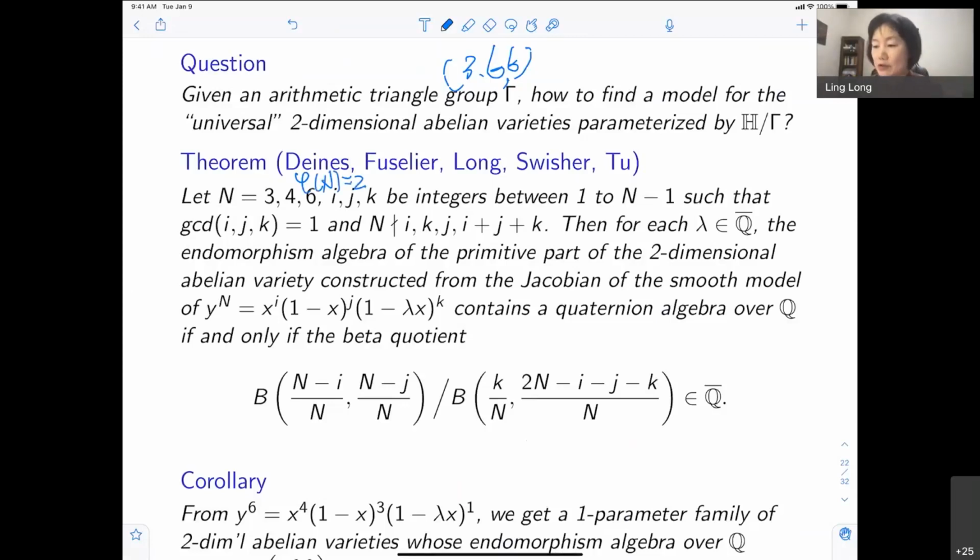And if we have i, j, k, integers within the range of 1 and n minus 1, satisfying the property that n does not divide any of the combinations, this is some non-degenerate assumption.